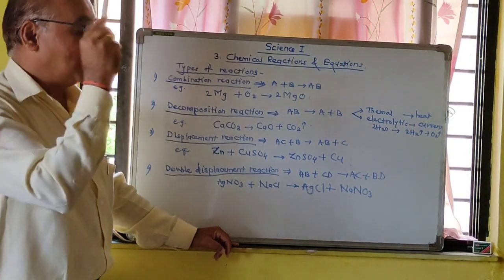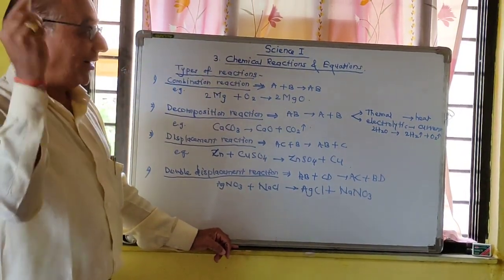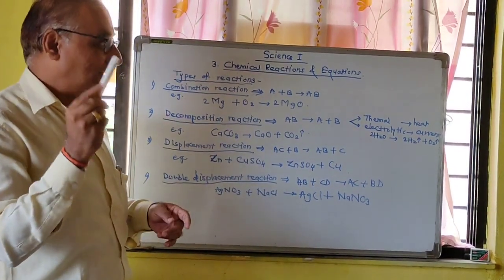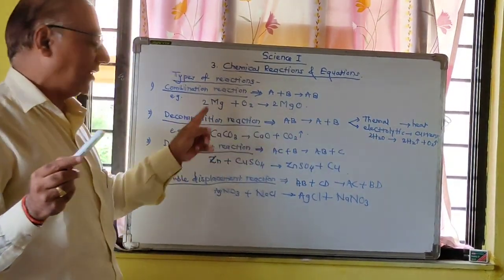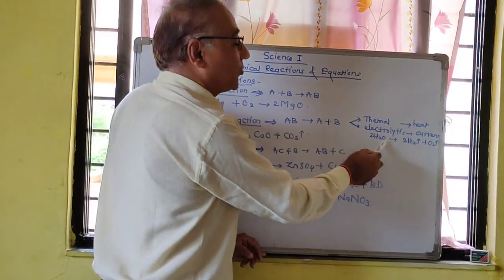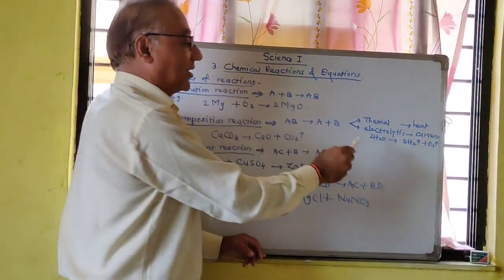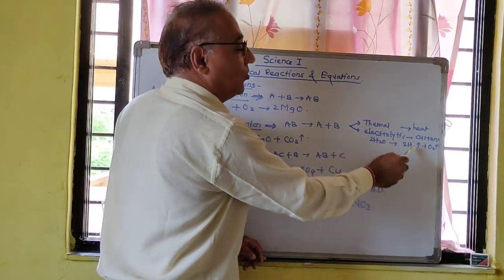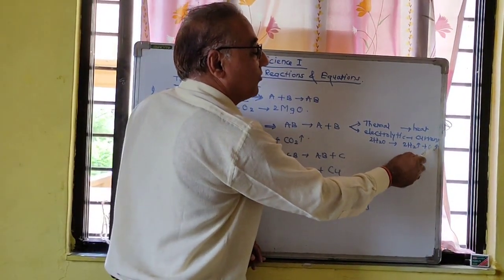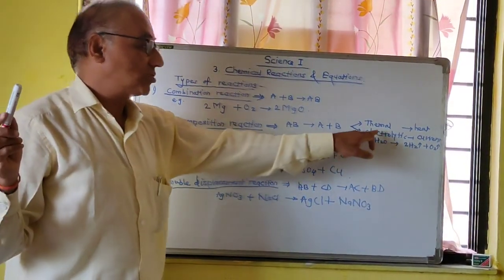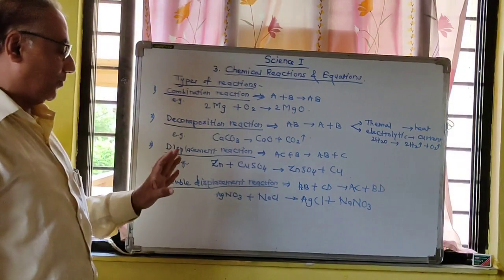In 6th and 7th standard, we already learned about the electrolytic decomposition reaction of water, right? Electrolysis of water, that is the concept. Here 2H2O, that is water, is converted into hydrogen gas and oxygen gas when electric current is provided. So this is called electrolytic decomposition.